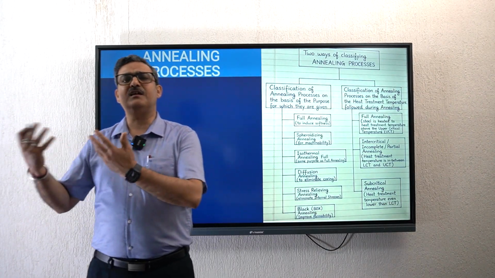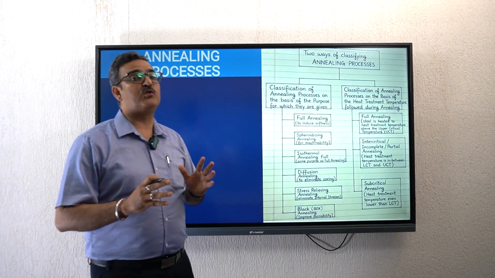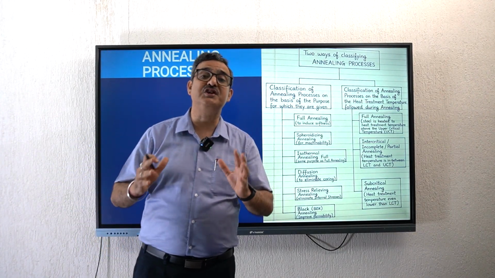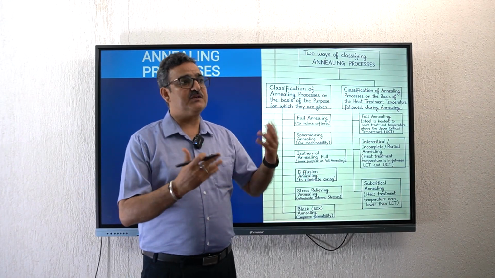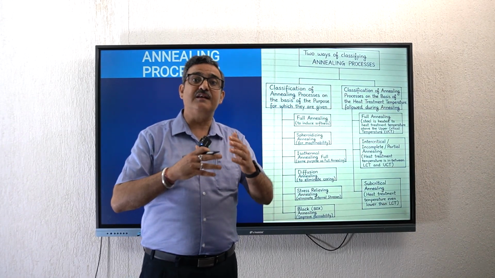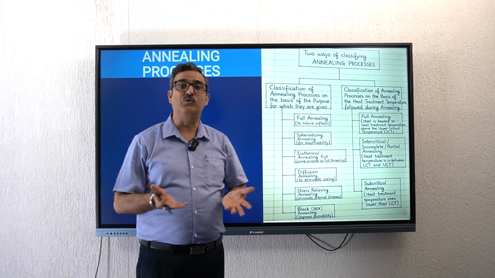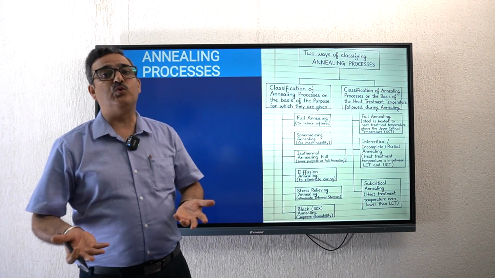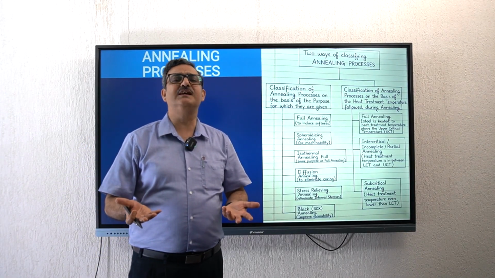But there may be another requirement at some other point in time where you would say that the same steel now should be very, very good in machinability. At another time you can say that, sir, because of some prior treatment the steel has got coring in it. There is interdendritic segregation. The chemical composition in the steel is not uniform throughout, and I want to eliminate this coring defect. Then there is another annealing which is called diffusion annealing or homogenization annealing.